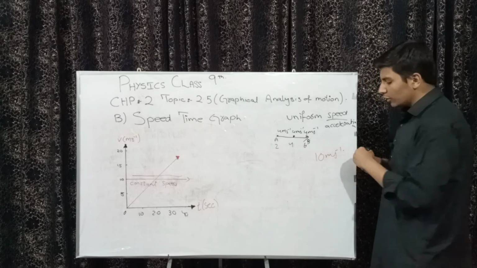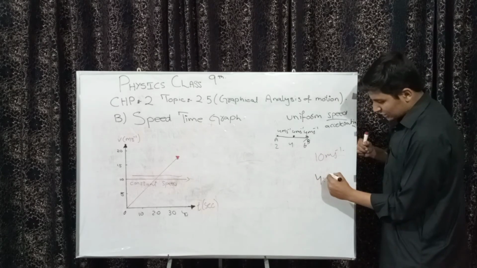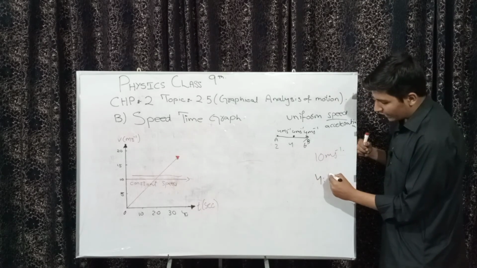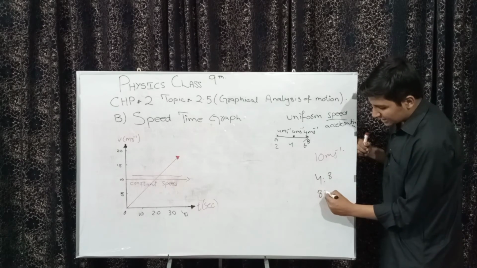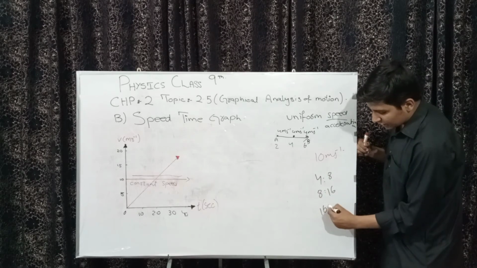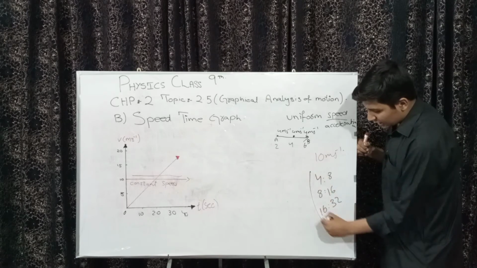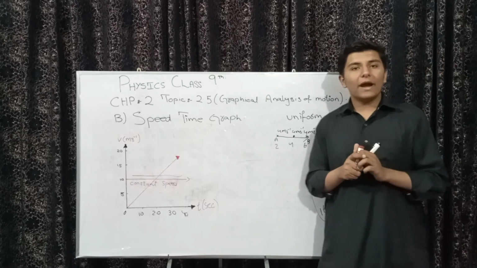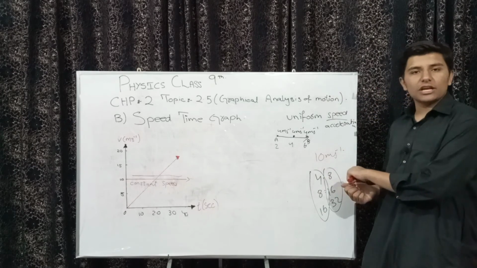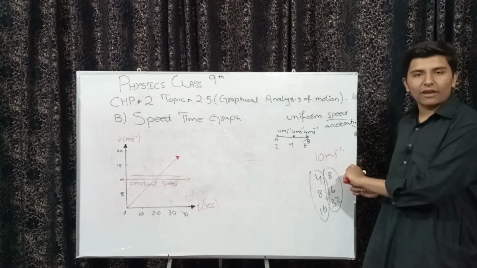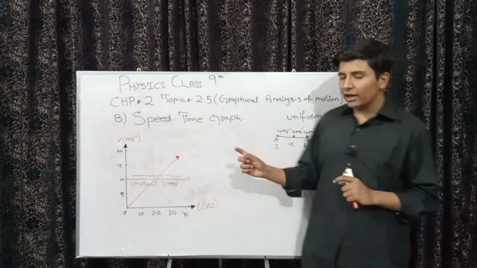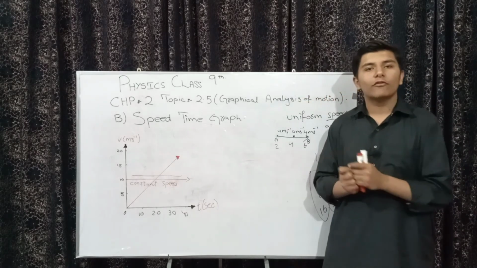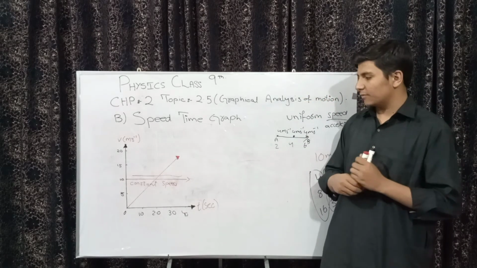It means that the ratio on both sides has to be equal. For example, if it is 4/8 here, then it has to be 8/16, then 16/32. Means the ratio on this side and this side remains equal. They are both changing at once and they have a relation between each other. Then an object is said to have uniform speed, uniform velocity or acceleration.